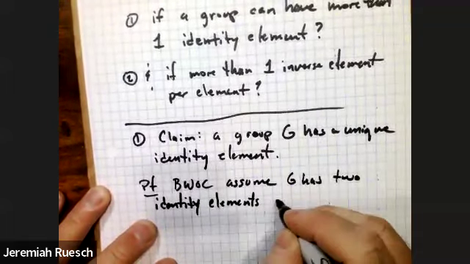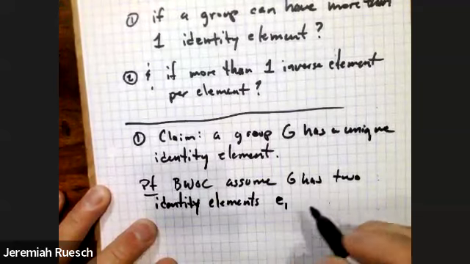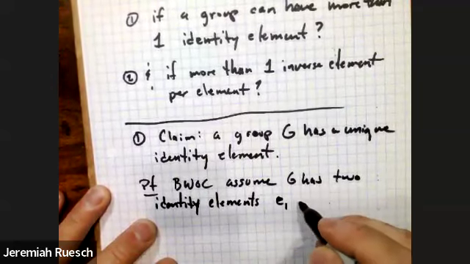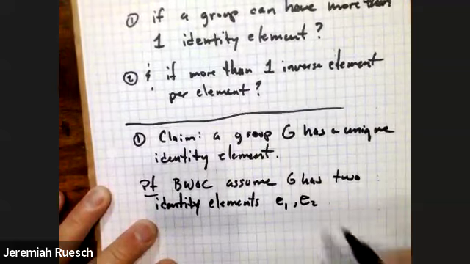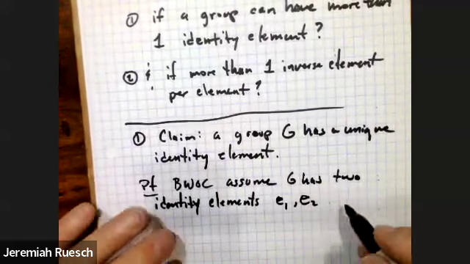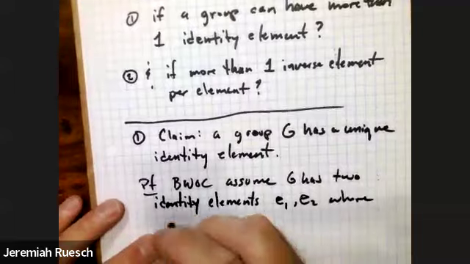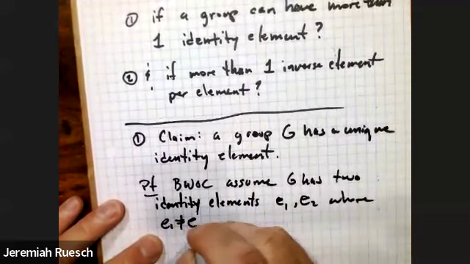We usually use e, which try not to confuse with the exponential, e1 and e2. So two identity elements where we would say e1 is not equal to e2.